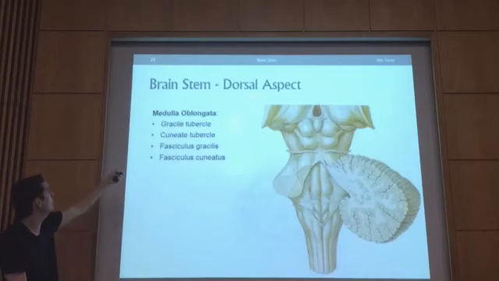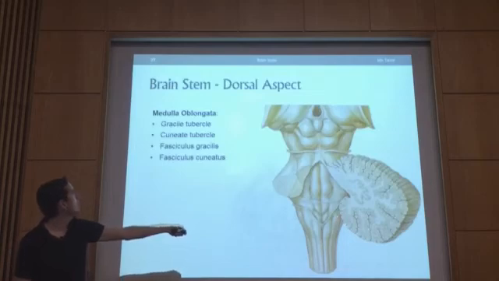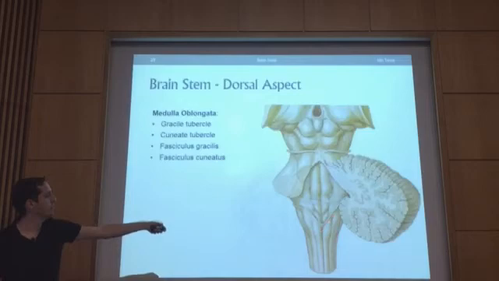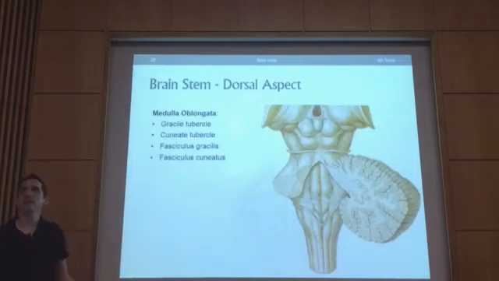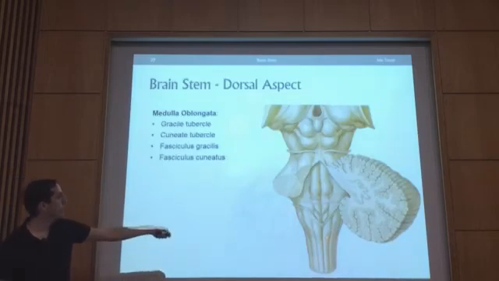This one's in here, and more lateral to it, we have the cuneate tubercle. So this is the gracile tubercle and the cuneate tubercle, and these are part of the sensory pathways.